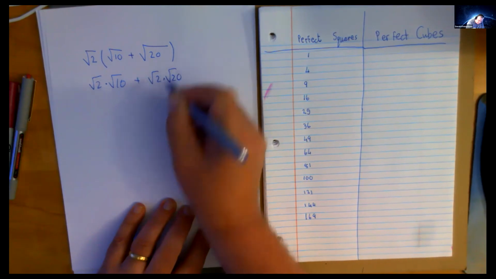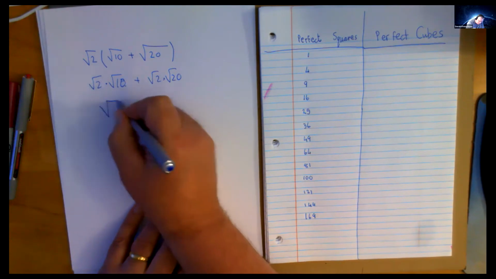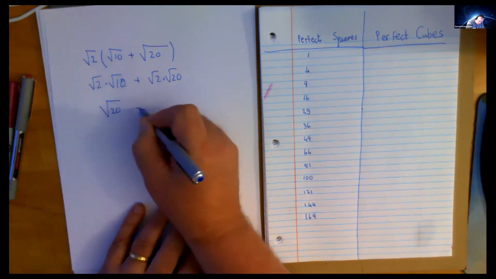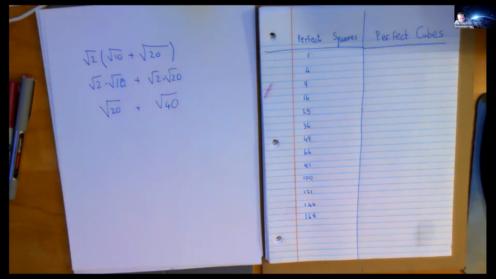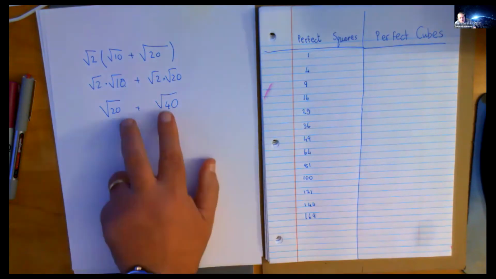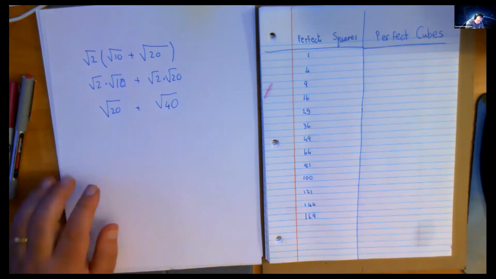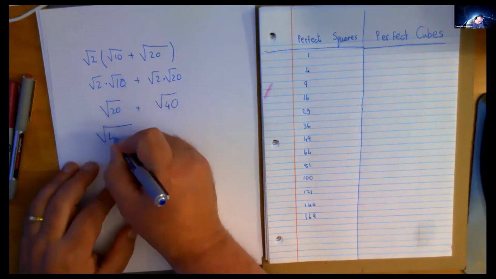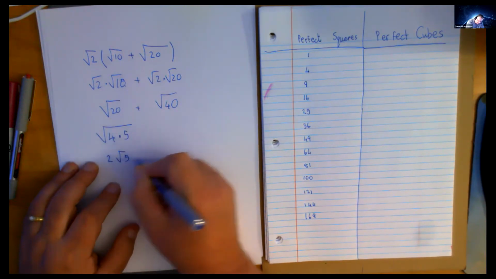these two together. And then it's a good idea to combine them before you simplify. So 2 and 10 gets you 20, and 2 and 20 gets you 40. Now, I don't think anybody here would want to add them together and call it a square root of 60. You know you're not allowed to do that. It doesn't work that way. They're just totally different square roots. But you can simplify them. Now, 20 can be called 4 times 5, so that gets you 2 root 5.